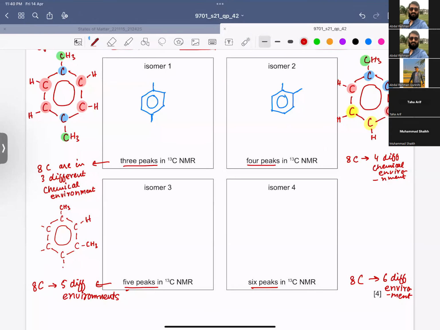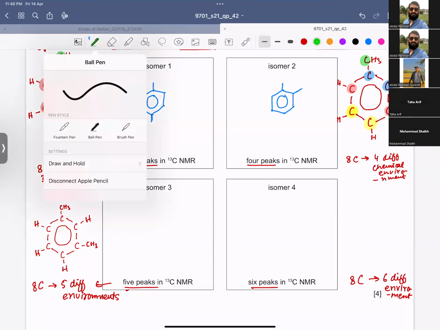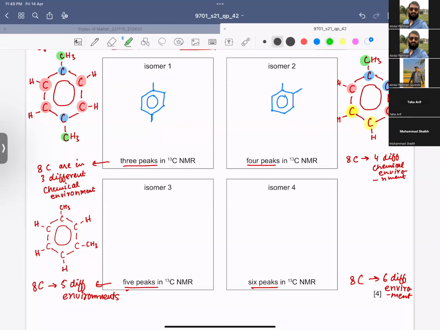So the rest of the carbons have hydrogens on them. So these two carbons will give you a similar chemical environment, so having a similar structure, giving you one signal only.